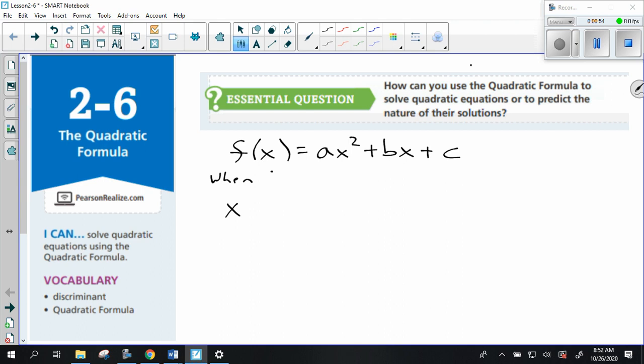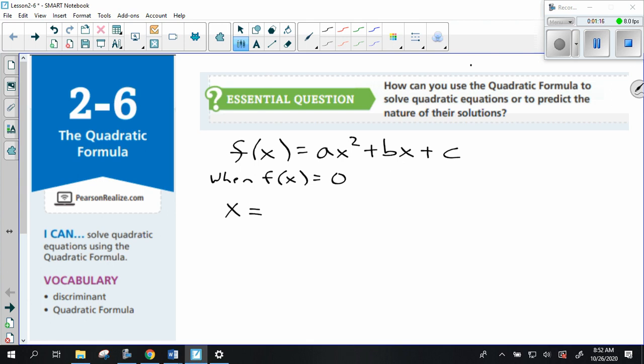When we set this equal to 0, we can find the zeros, the solutions, the x-intercepts, the roots. These things have a bunch of different names. What they all are, though, is the solution to the equation when we set it equal to 0.